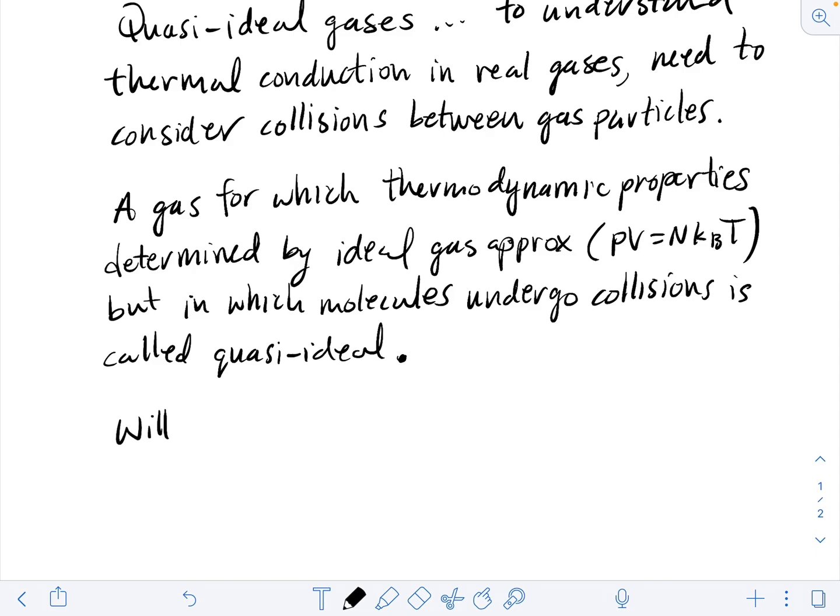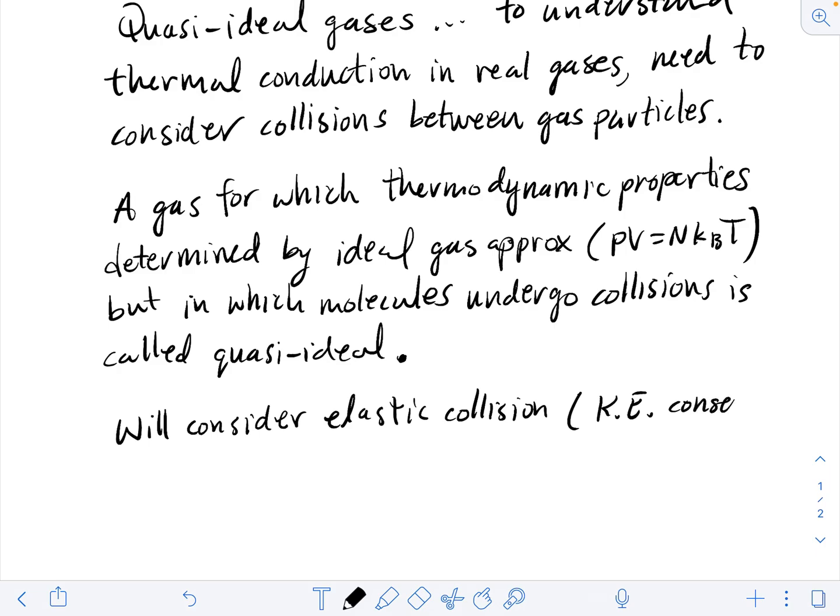And so what we're going to do is we will consider elastic collisions. An elastic collision is one in which the kinetic energy is conserved. And these elastic collisions will result in scattering of the particles.